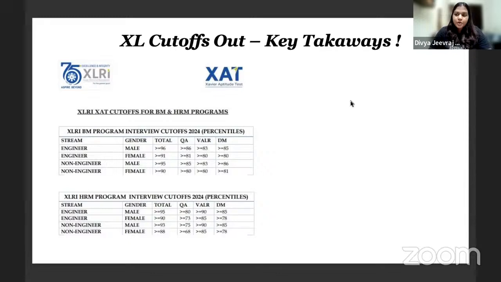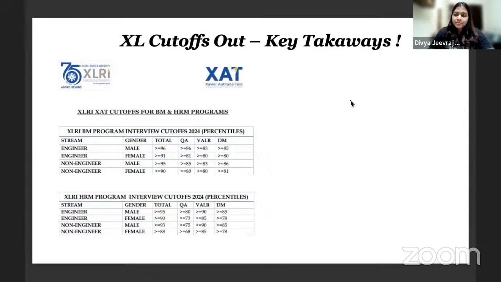So there are chances of a slight increase in the seats, and this particular cutoff will be there for the BM program at those two campuses. So all the people who are clearing all four cutoffs will be getting a call from XLRI, and those need to start with their preparation. So this was for BM.